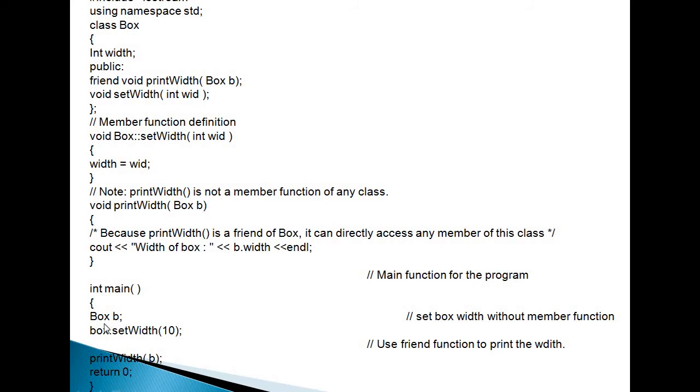And finally we create object B for the Box class, and we call these functions with the object, and again we call the friend function in main with the object of class Box, and finally we get the output "the width of the box is 10."